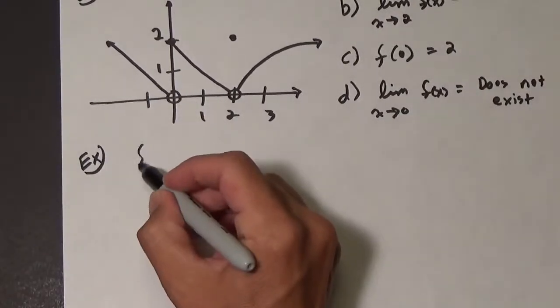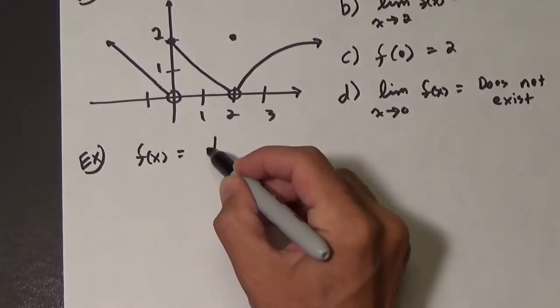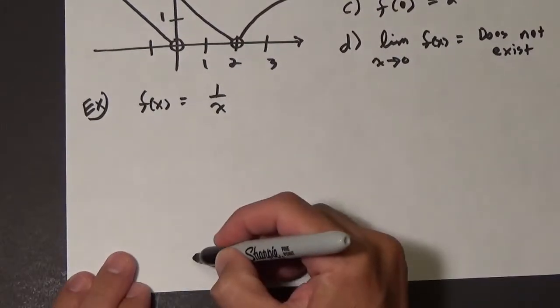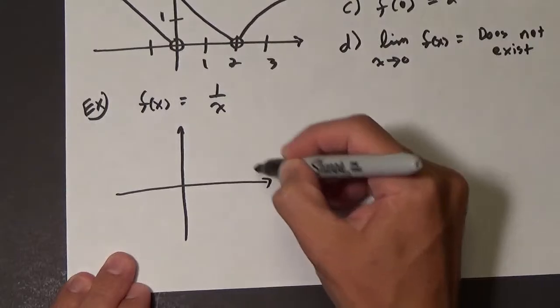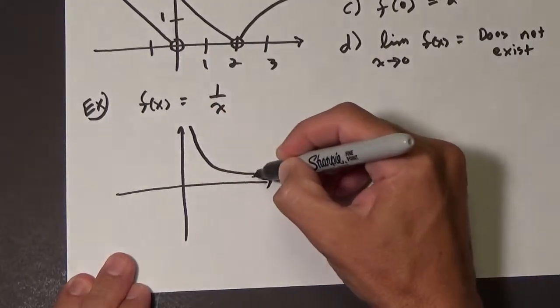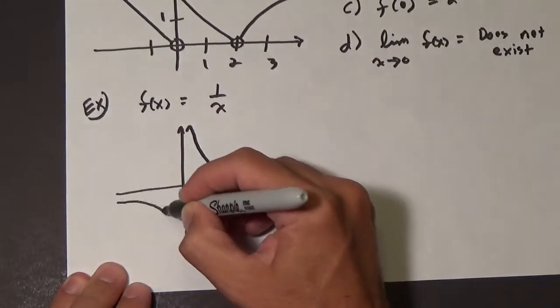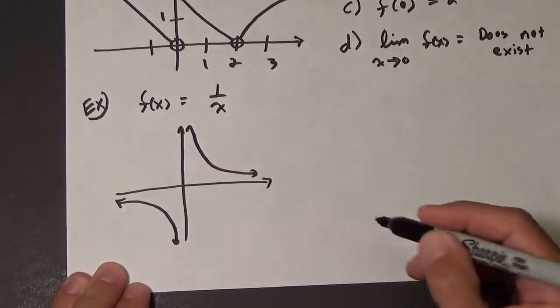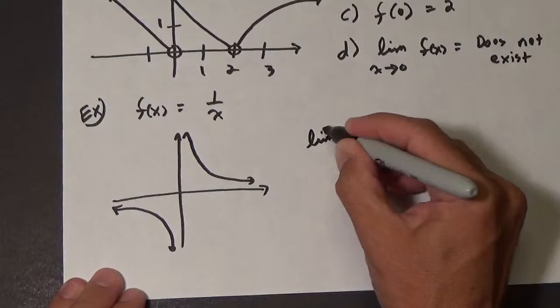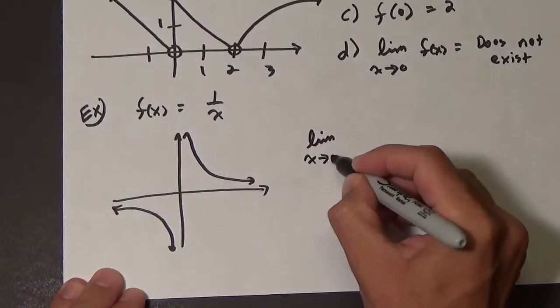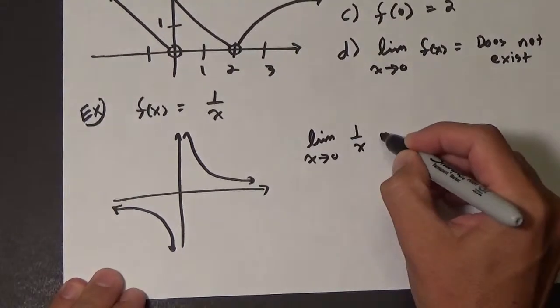And let's look at f of x equals 1 over x. And we know what this looks like from our parent functions. Now let's look at what is the limit as x approaches 0 of 1 over x.